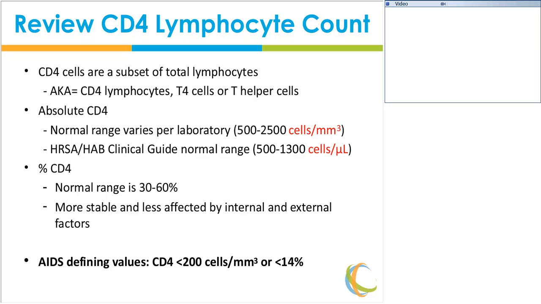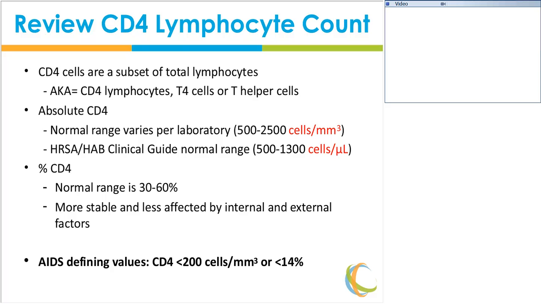They're also known as CD4 lymphocytes, T4 cells, T helper cells, T4 helper cells, so all those things are synonymous. There is an absolute CD4 count that most people are familiar with and use. That number is the one that guides a lot of our practice in terms of prescribing prophylaxis, prescribing antiretrovirals, and so forth.